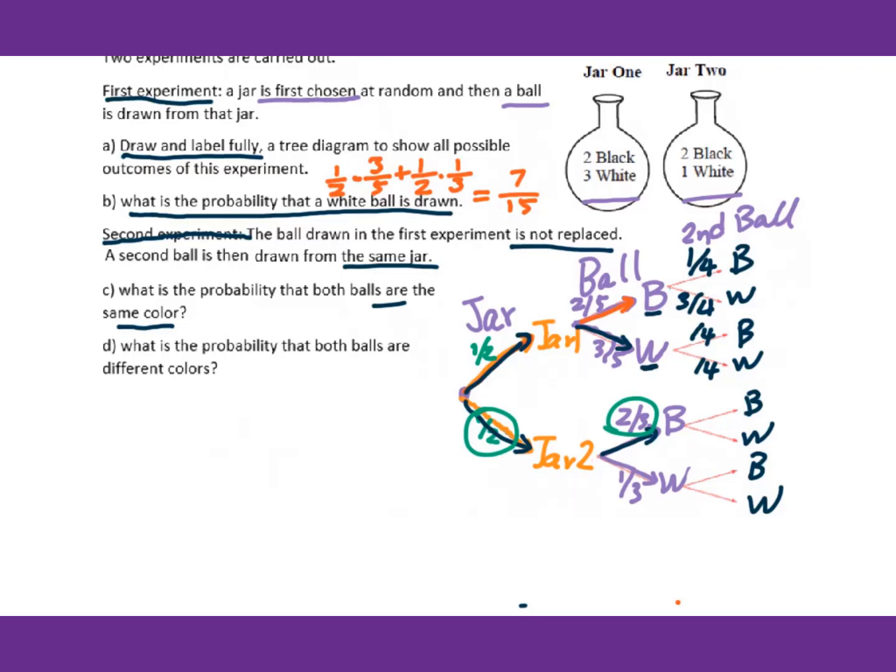Since this time you took a white, you have 2 white left. You still have 2 black left. You have to check each branch. Like these 2, adding will be 1. 1/4 plus 3/4 equals 1. 2/4 plus 2/4 equals 1.